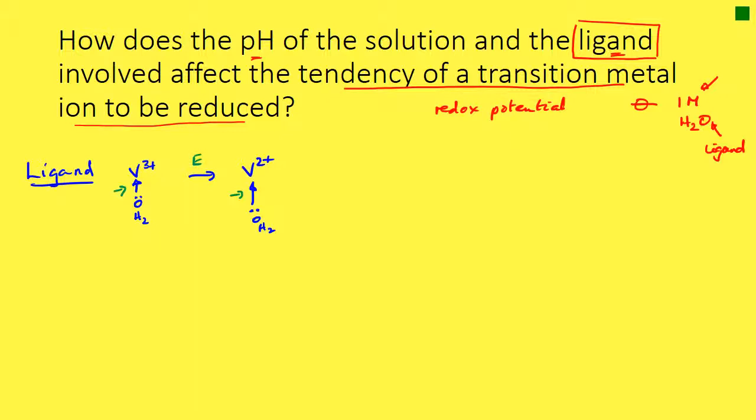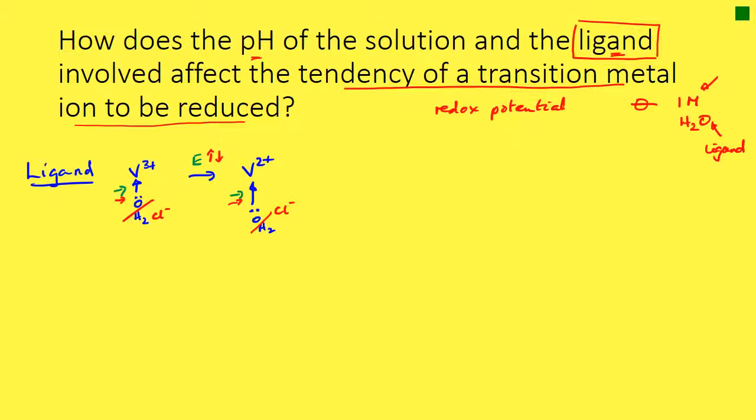Now, if instead of water ligands we used, for example, another ligand, let's call it a chloride ion ligand, then the coordinate bonds that are broken and made are each going to be of different strengths, and so that will either increase or decrease the electrode potential.